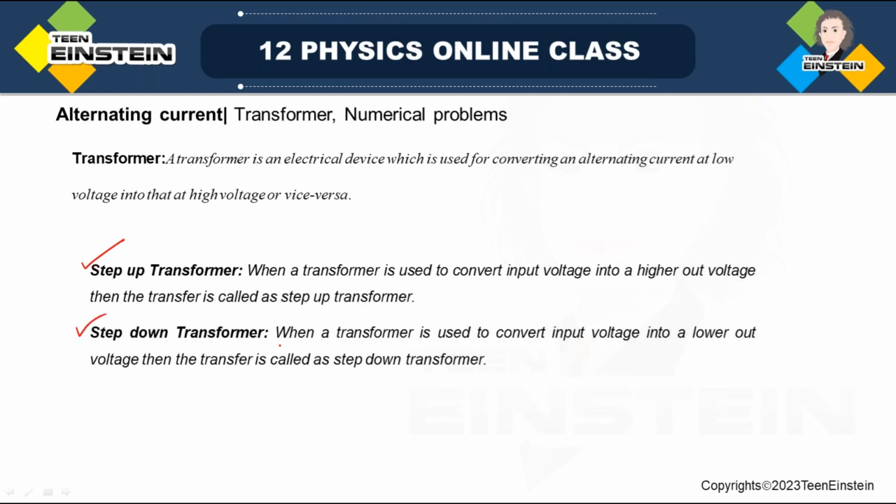Step down transformer: when a transformer is used to convert high input voltage into a low output voltage, then the transformer is called a step down transformer. So basically there are two types of transformers. One is step up, another one is step down.